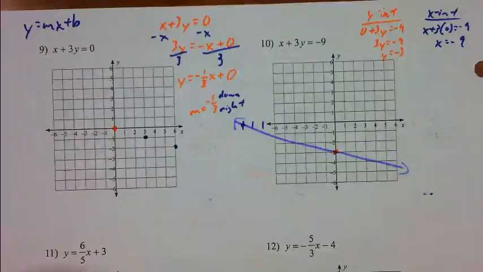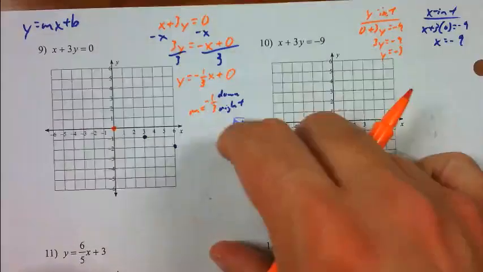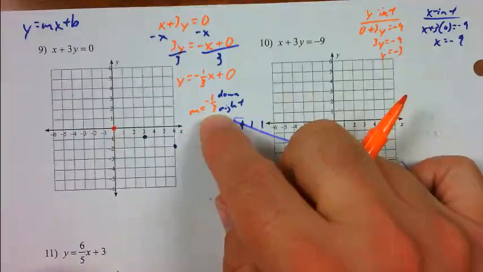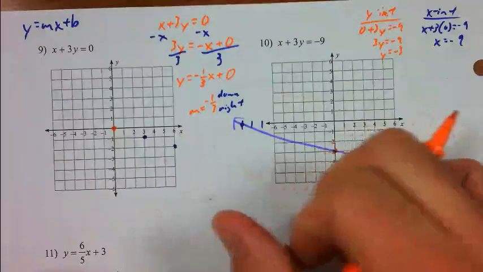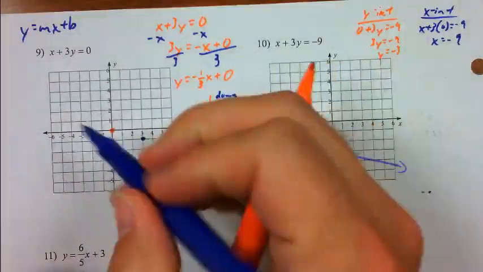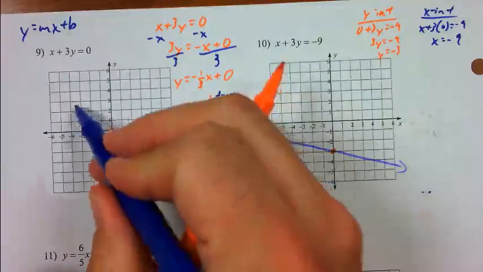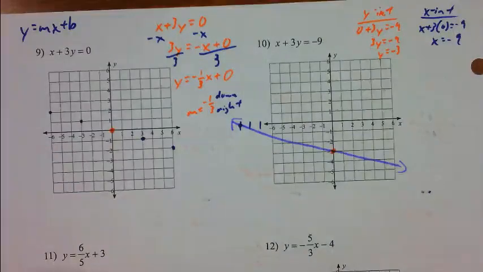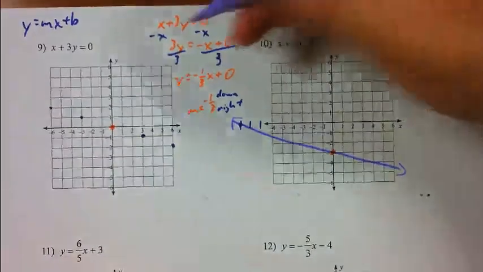Or if I want to, I could go back the other way. Because if I put the negative down here instead, it'd still be the same answer. So 1 over negative 3 would be the same thing. So I could say that I go up 1 and back 3. And again, I have all my points in a straight line. I can now graph that line.